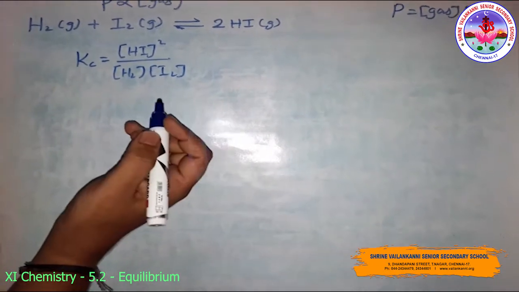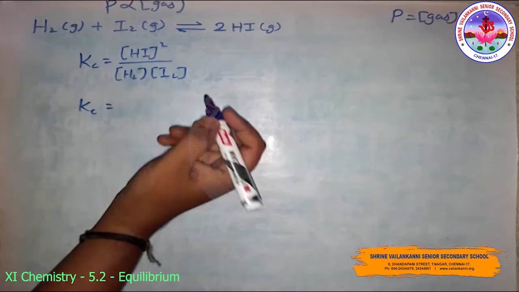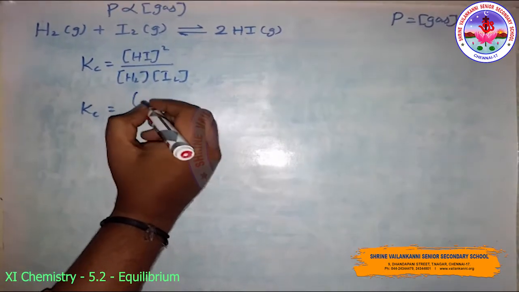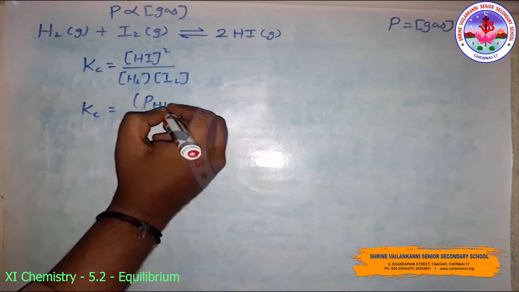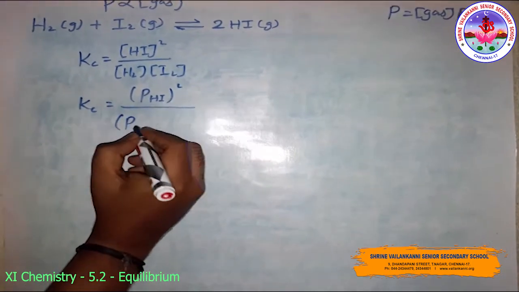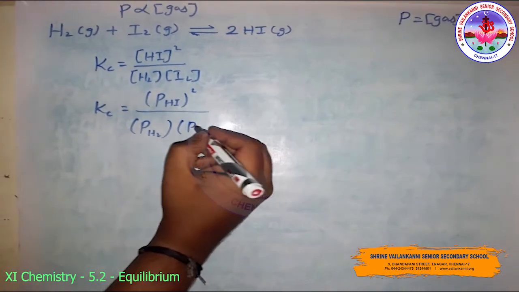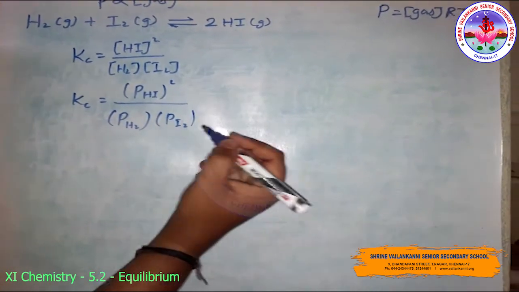Or Kp is equal to the partial pressure of hydrogen iodide squared, divided by the pressure of hydrogen times the pressure of iodine.